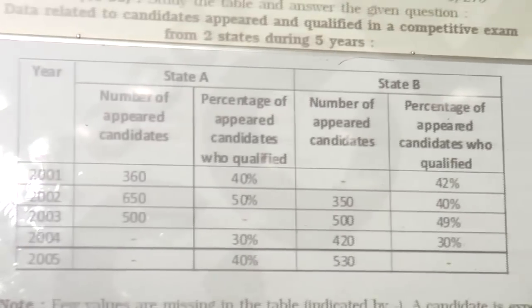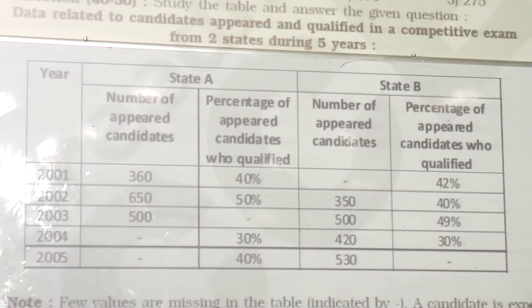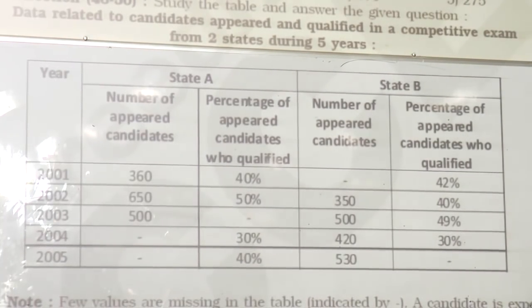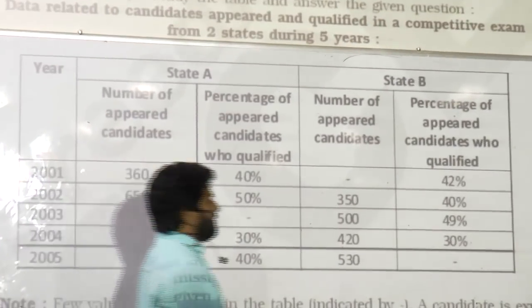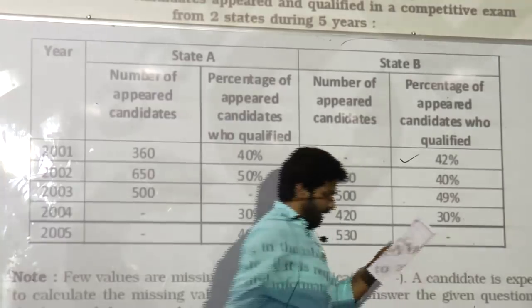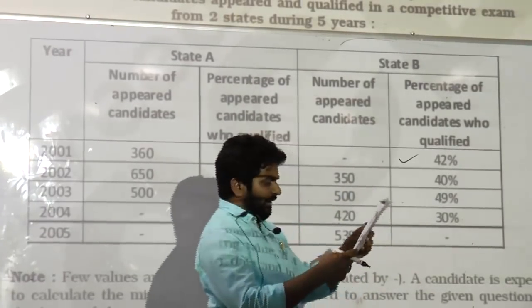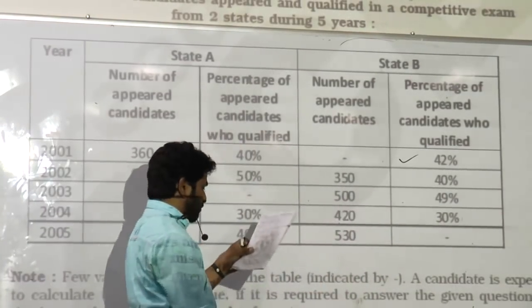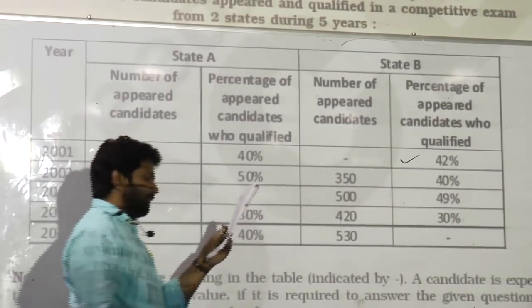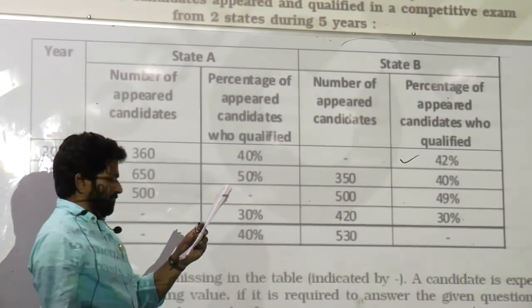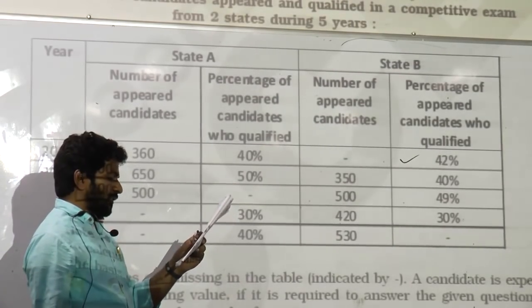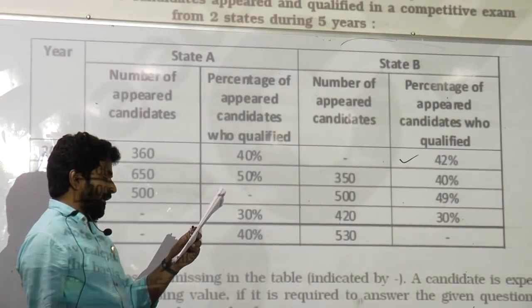Any particular question? 48. Out of the number of qualified candidates from state B in 2001, out of this the respective ratio between male and female is 5:2. If 2 parts is 54, find the number of appeared candidates.